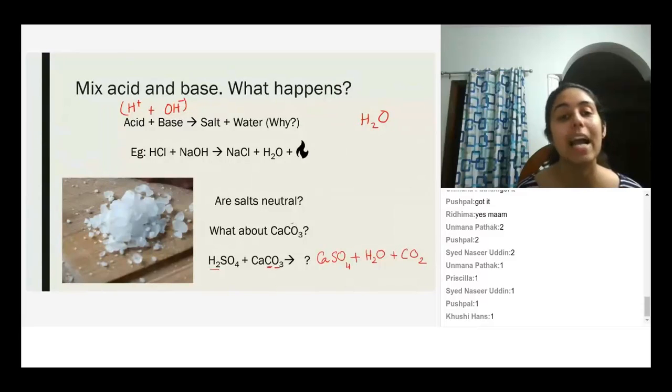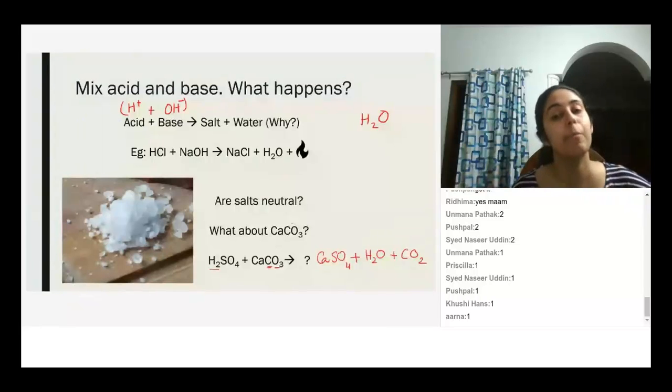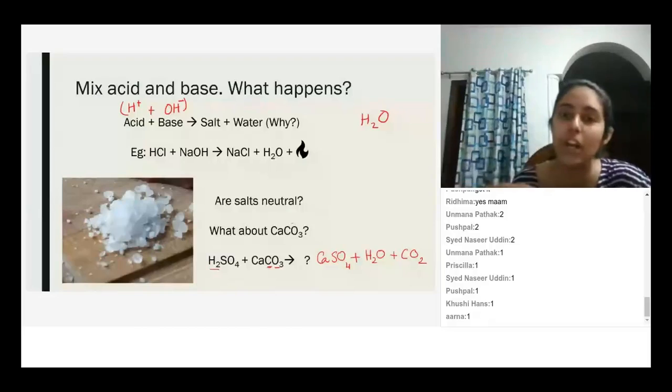Very good. So I have the H plus coming from the acid and the OH minus coming from the base. When both of them combine, it's a salt, and the H plus and OH minus form H2O because there are 2 hydrogens and 1 oxygen. So it forms H2O, and along with that, a salt is formed.